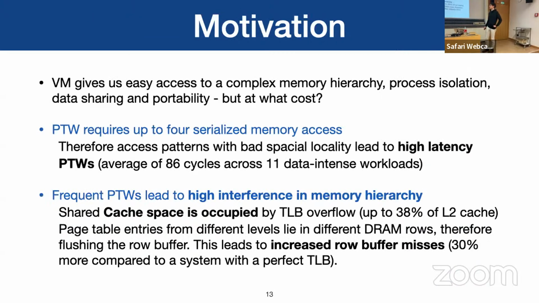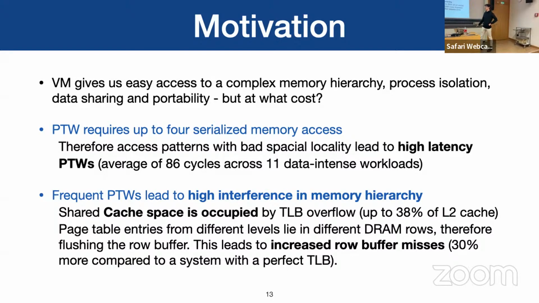So we get this nice interface to the programmer when using virtual memory, but we pay for it by very high latencies. For example, for elastic cuckoo hashing, which is actually a very state-of-the-art approach and outperforms radix page tables, we still have an average of 86 cycles across 11 data-intensive workloads where this was measured for performing page table walks.